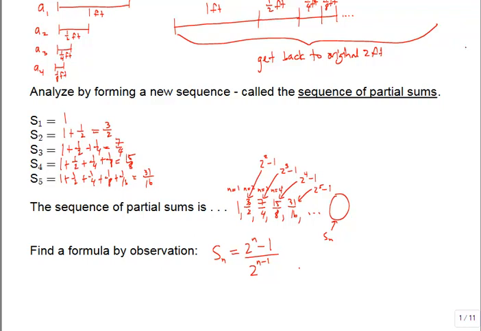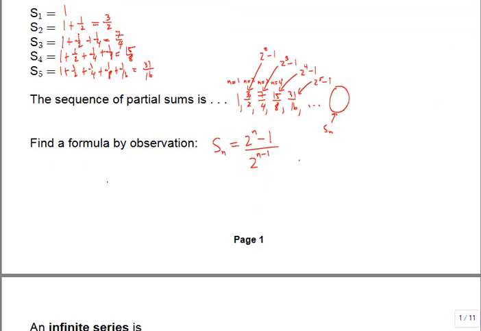What we're going to notice is that if we take the limit of these partial sums as n goes to infinity, which would be the limit as n goes to infinity of this formula that we just derived, what would that limit be? Well, initially, 2 to the infinity is infinity, and 2 to the infinity on the bottom is also infinity.